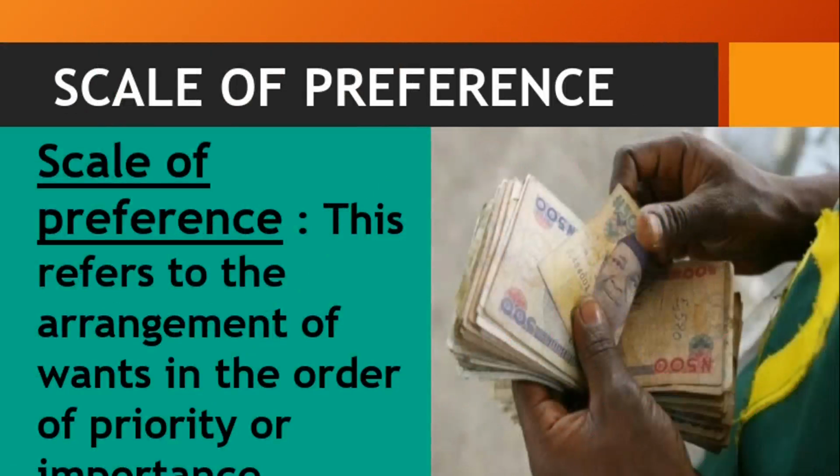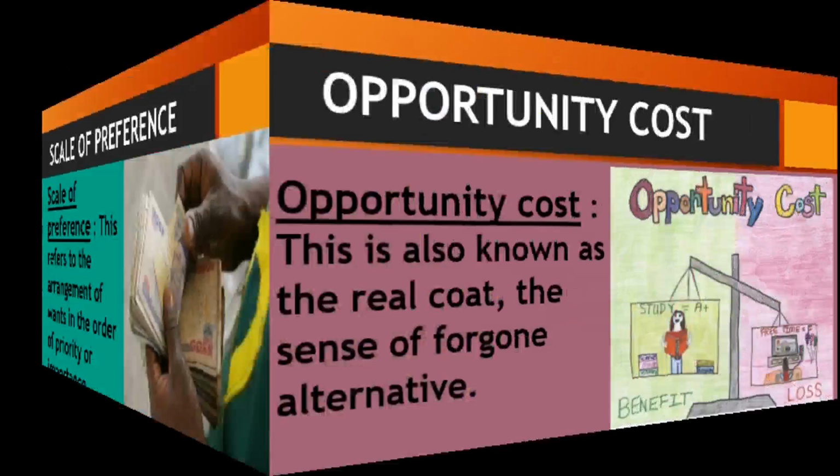So when you write out your wants and sort them one after the other in their order of importance, that is a scale of preference. For a child, on the list of books, shows, and cinemas, the first want should be his books. That is a scale of preference.